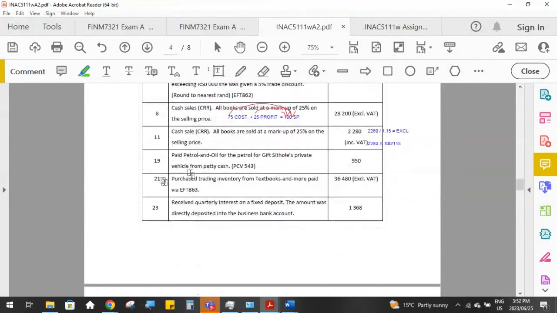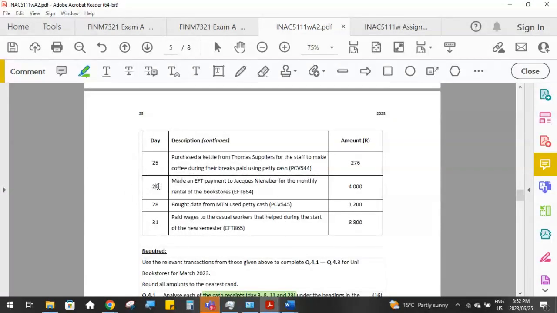On the 21st, we paid the company called Textbooks and More for trading inventory that we purchased from them. And on the 26th, we paid by an electronic funds transfer Jacques Nienaber for the monthly rental of the bookstore.